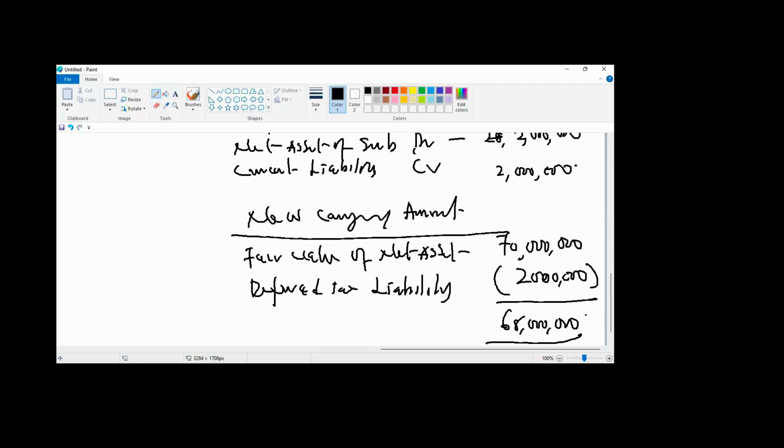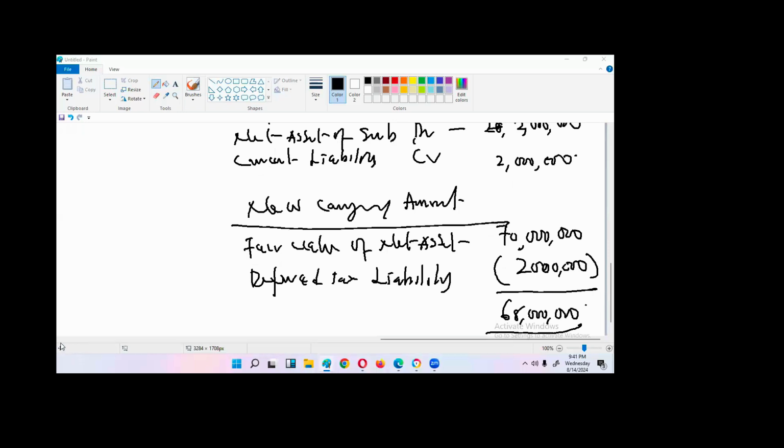So for the goodwill calculation, I cannot calculate goodwill now.